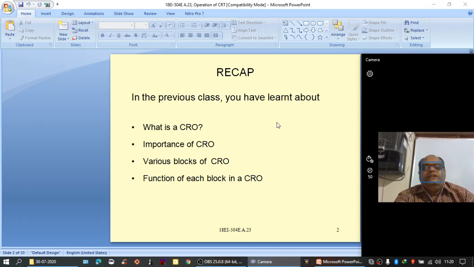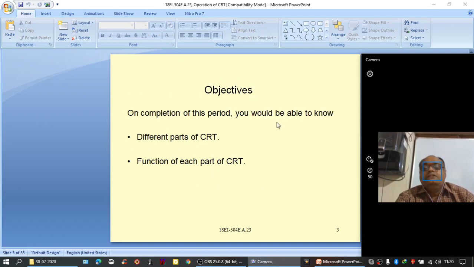Now, in today's class, let us try to concentrate on the heart of CRO, that is CRT. Let us try to analyze what are the various parts of CRT and what is the function of each part of CRT.